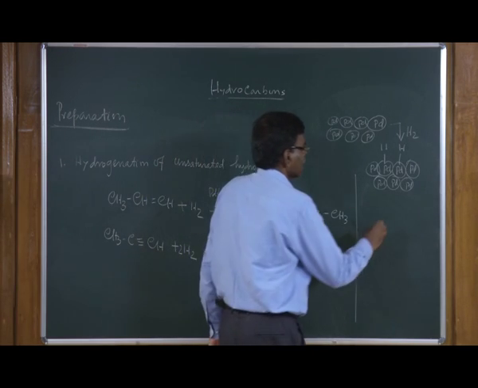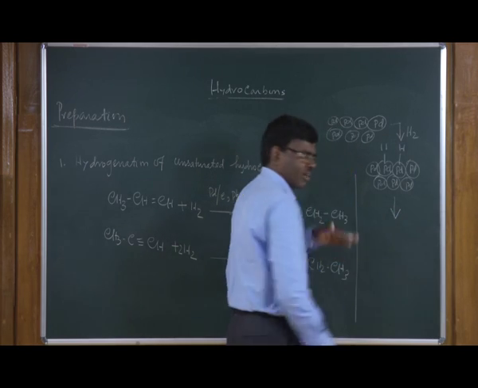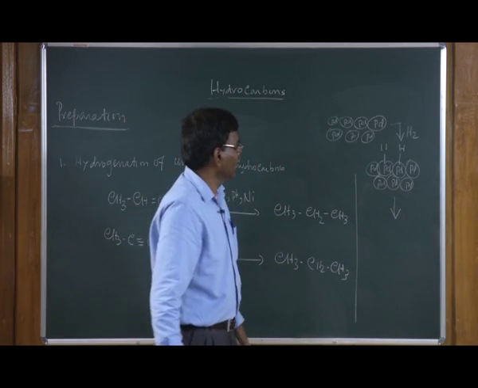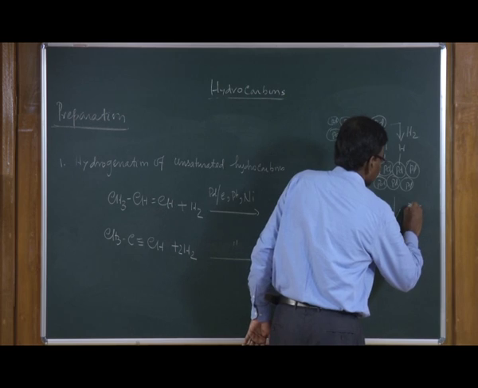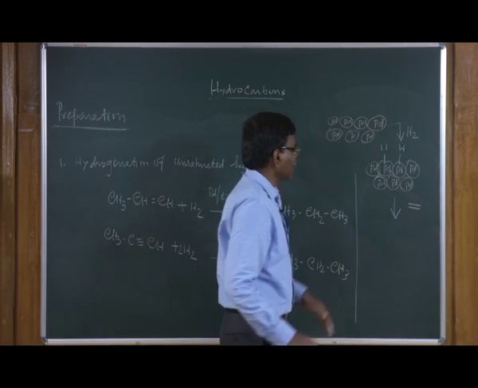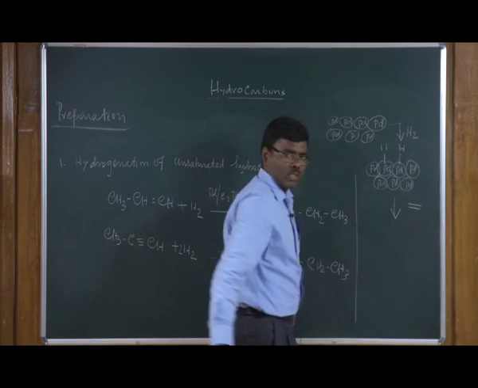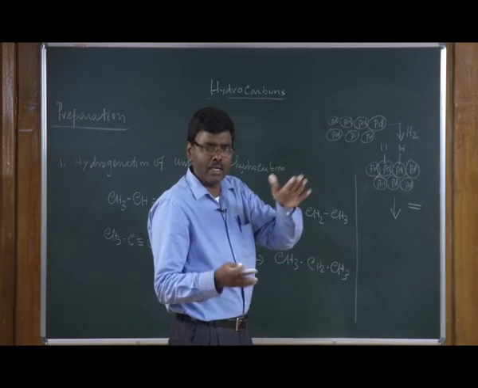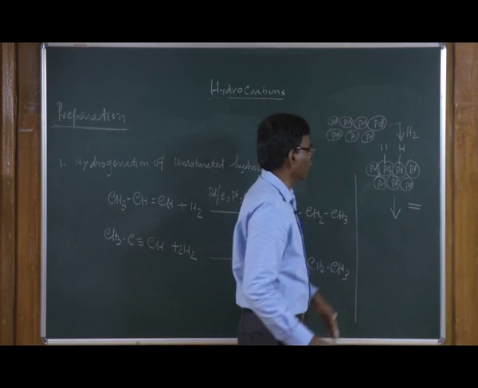Once you have this intermediate, the hydrogen is absorbed on the surface of the catalyst, and your alkene also can bind with the palladium by interaction, through pi complex formation.